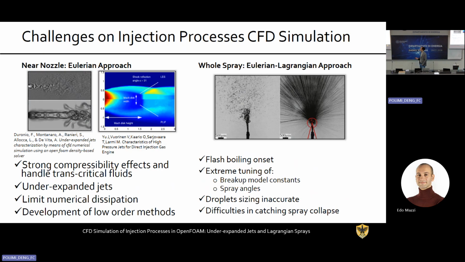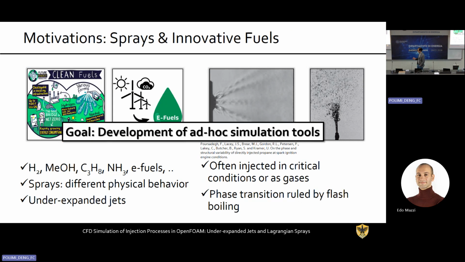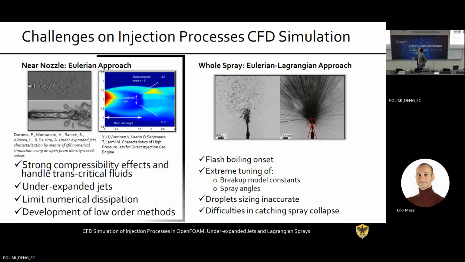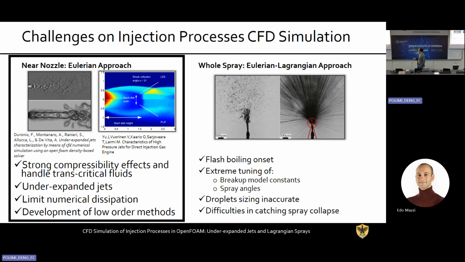And we know that we can focus our attention on two different areas of the spray. On the near nozzle, we usually use the Eulerian finite volume approach. For sure, we can use spectral elements or other things, but most of the work was done with finite volume methods. We need, as mentioned, to understand the underlying physics.